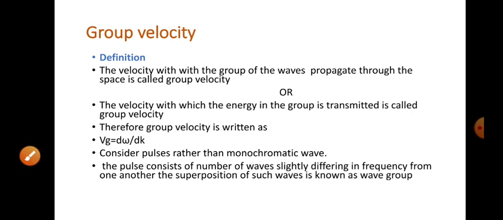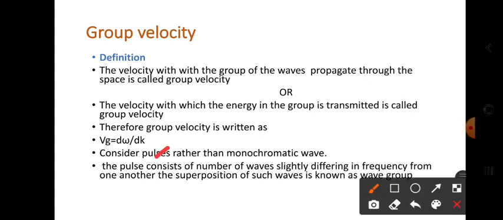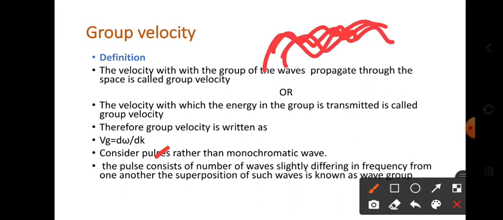The pulse consists of a number of waves slightly differing in frequency from one another, and the superposition, meaning when the different waves mix and interfere, of such waves is known as a wave group.